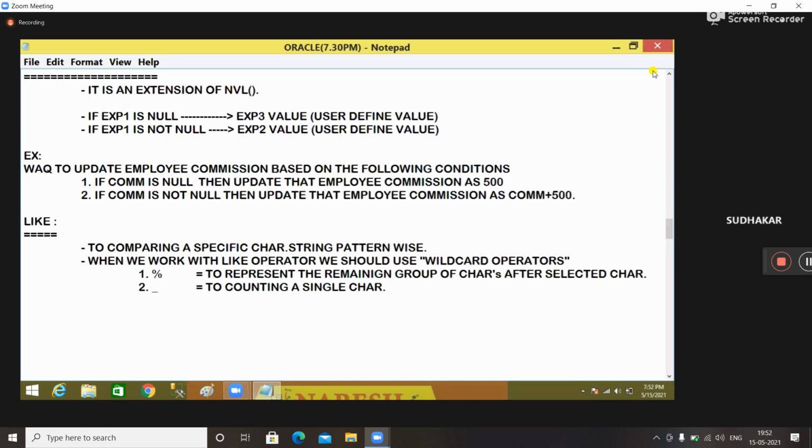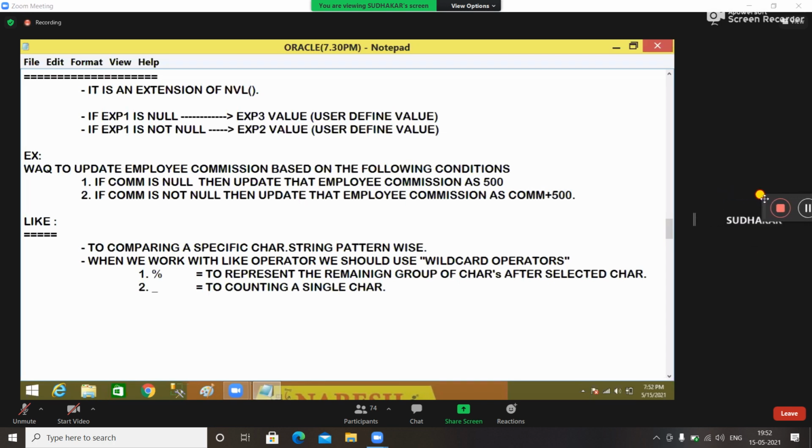So percentage means whatever remaining group of characters are there after the selected characters, and underscore means counting a single character in the expression.